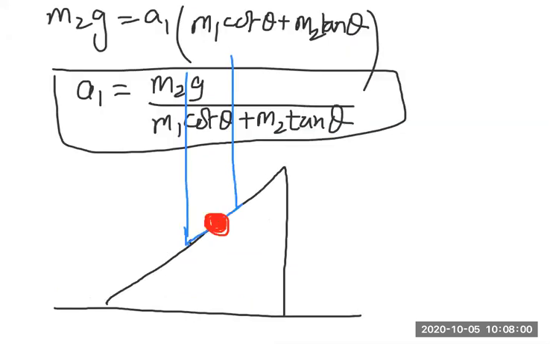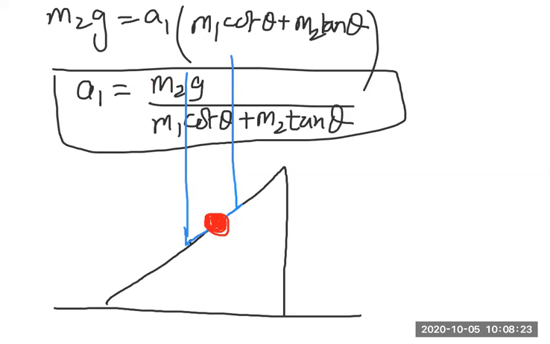So if the wedge and the cylinder remain in contact with each other, I want to find what will happen to this red dot that I have drawn. Okay? To this red dot, what will happen to the red dot?